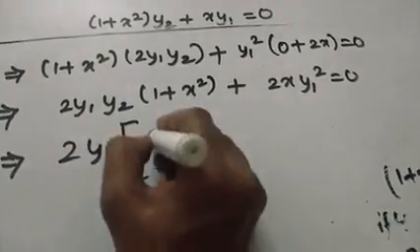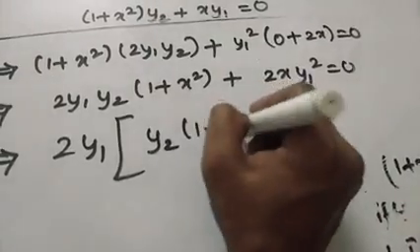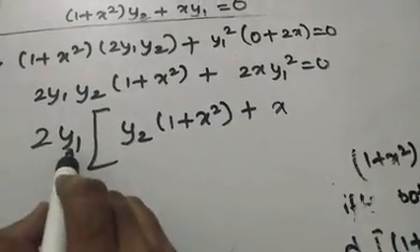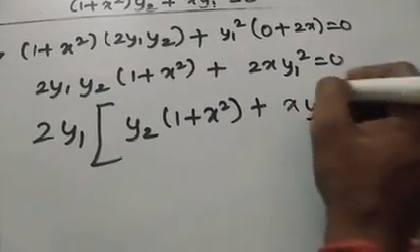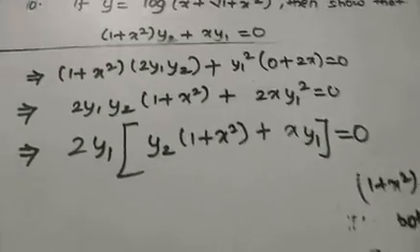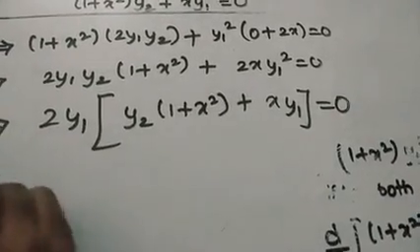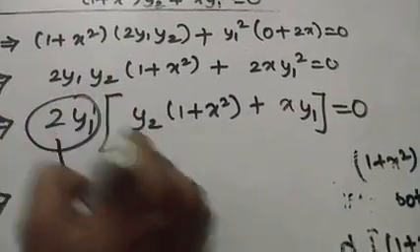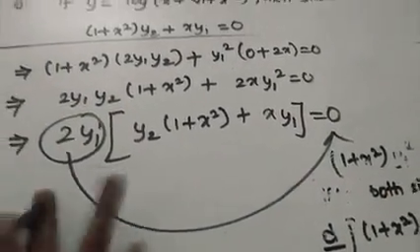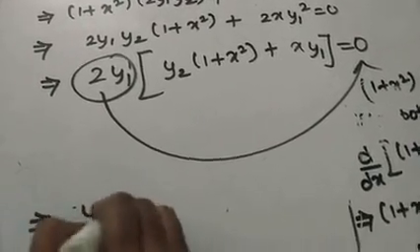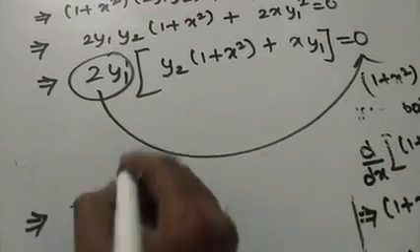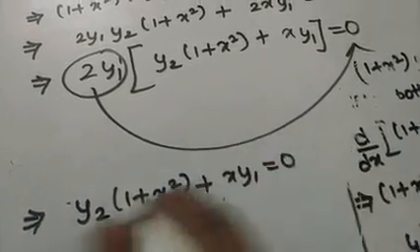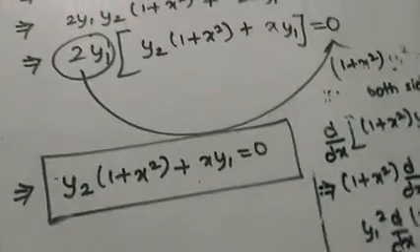So what remains is y2 into 1 plus x square, plus x, and from y1 square we have taken y1 common so y1 remains, equals to 0. Now if the product of two terms equals 0, we can take the term to the other side and it will vanish. So finally we get y2 into 1 plus x square plus x y1 equals to 0. This is proved.